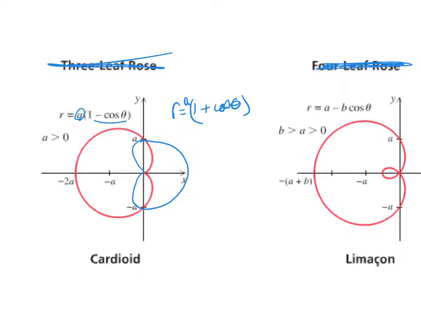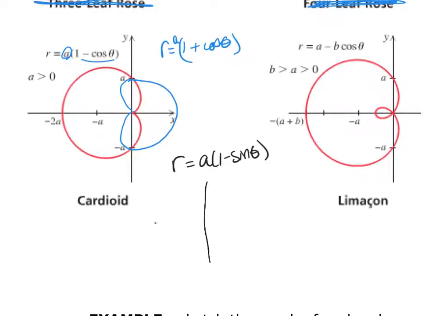If I have r is equal to a times 1 minus the sine of theta, then it's going to be orientated in this direction. Notice that for both of these, whether I have positive cosine or negative cosine theta, I'm going to go out a distance a on the y-axis and a distance 2a on the x-axis from the origin.